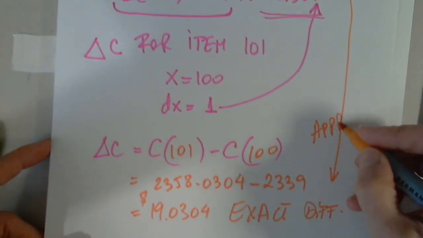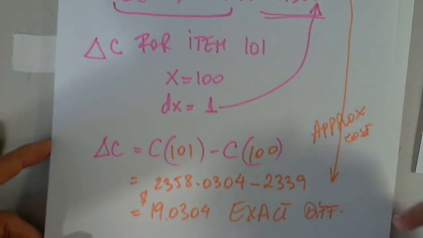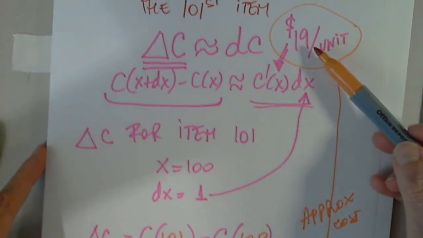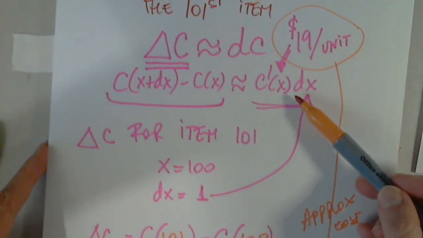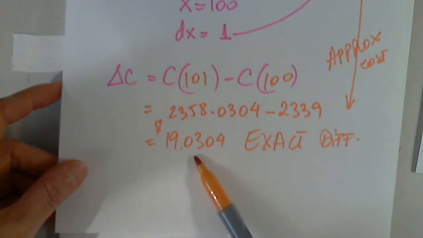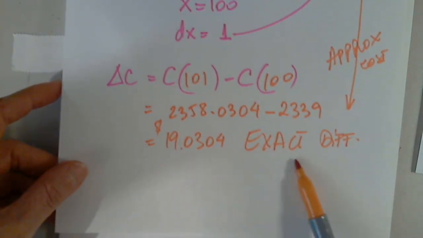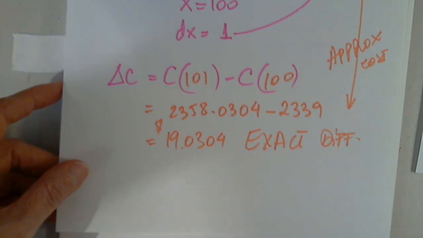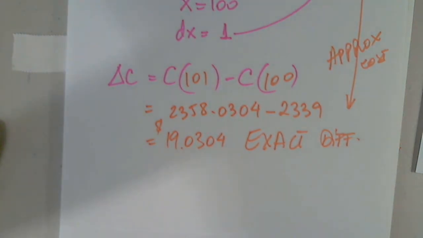Approximate, 19 using the derivative in a blink, and 19.0304 the exact. Any questions?